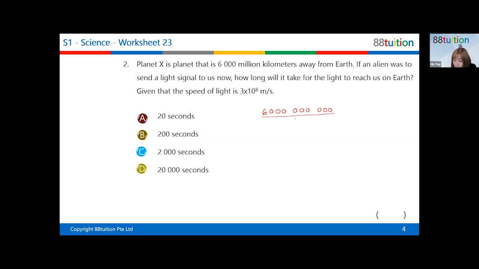Okay? So you get 20,000 seconds, right? So this is the 600 million kilometer, correct? Yeah. So why is this only 50? They say got 8 left.